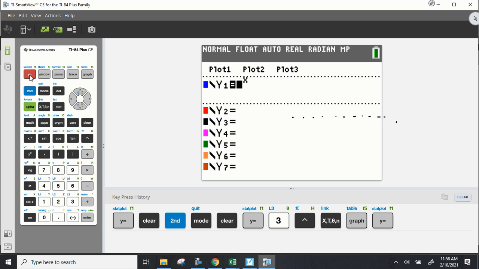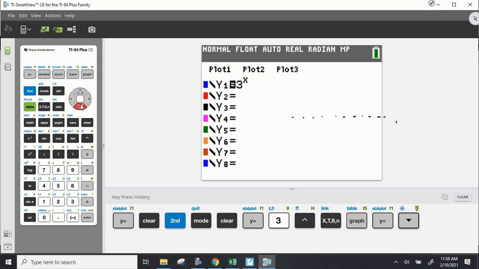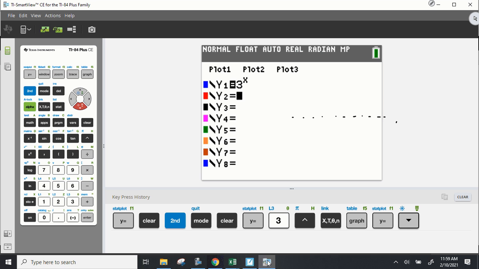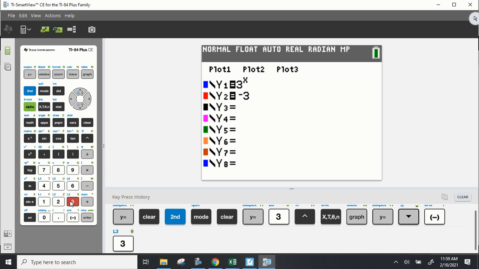If we're looking back at what the question was actually asking us, we're going to graph this one, and we're going to compare. We also have an intercept. I did forget to talk about that one. Let's talk about that here in just a moment. Let's go ahead and put in that negative. Make sure you're using the negative, not the minus sign. 3 to the x power.